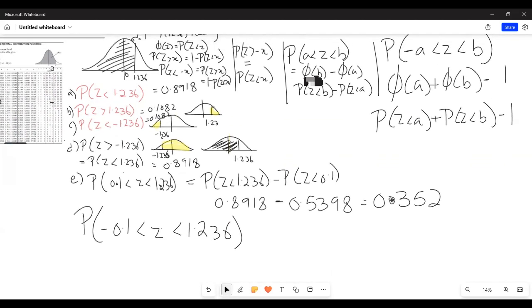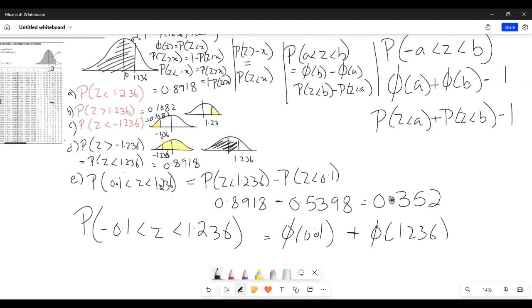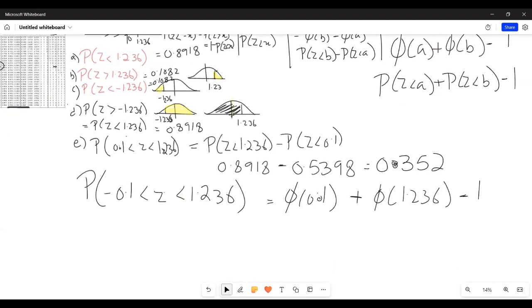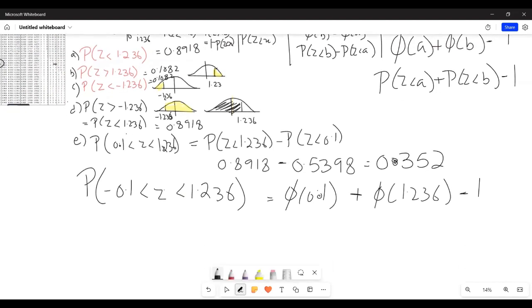Okay, so keeping that in mind, what we'll do here is find phi of 0.1. Phi means you're ready to use the table directly. Everything is good. Plus phi 1.236 minus 1. Okay, so we've already found the probability for 0.1. It was 0.5398 plus we've already found phi 1.236.